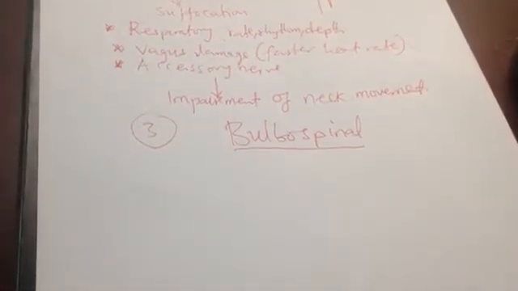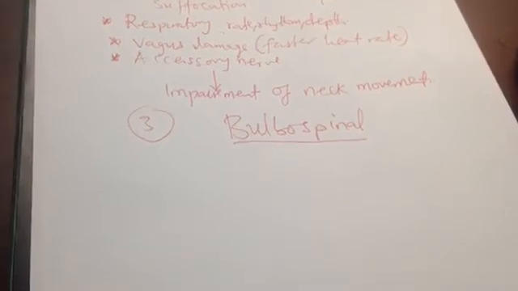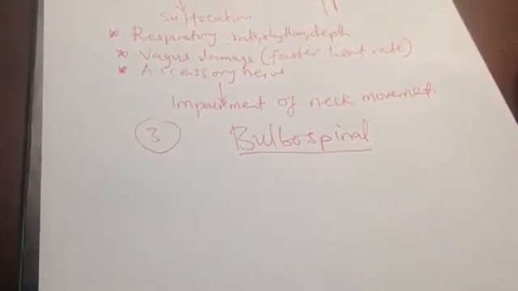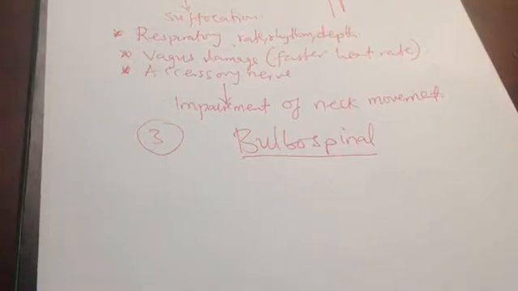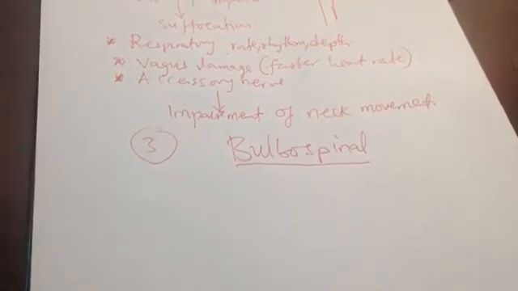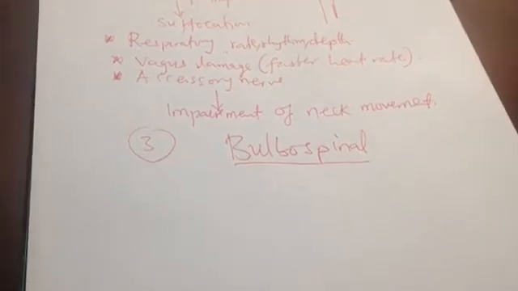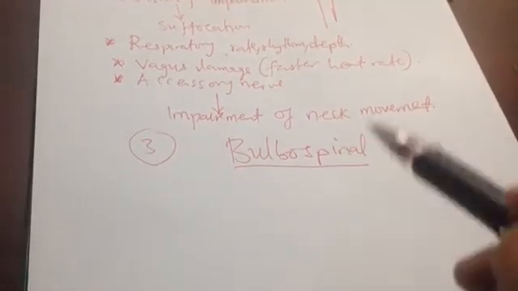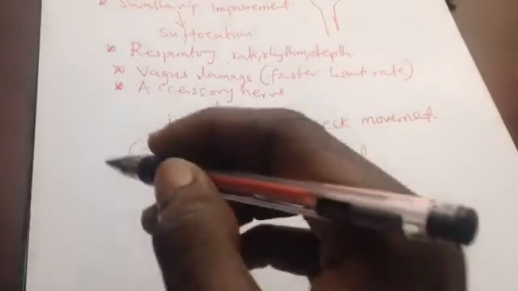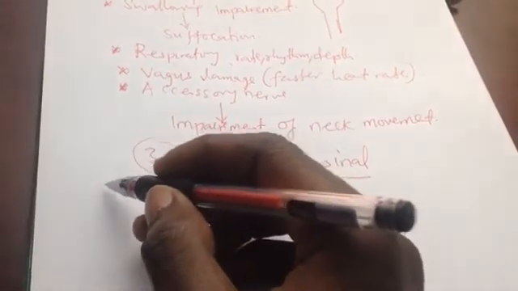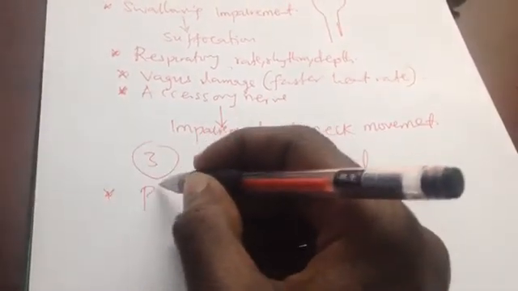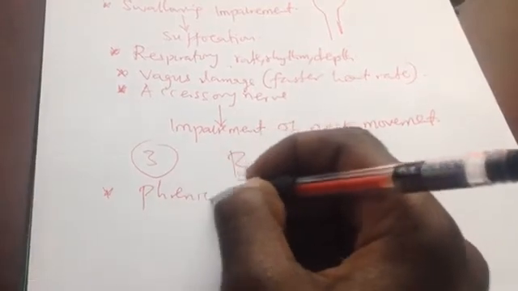In this region, especially the cervical region, we have the emerging of the cervical plexus, and it is from the cervical plexus that we have the phrenic nerve, right? So if this area is damaged, then the phrenic nerve will definitely be affected. So, phrenic nerve damage.